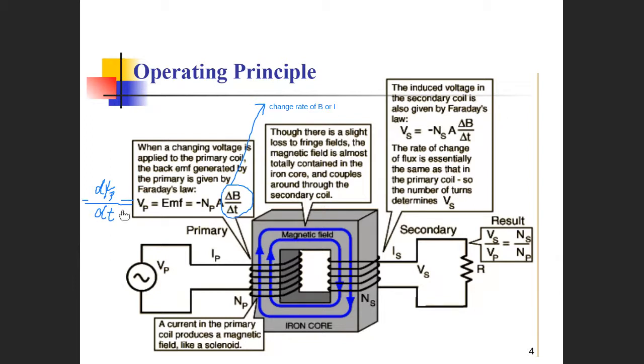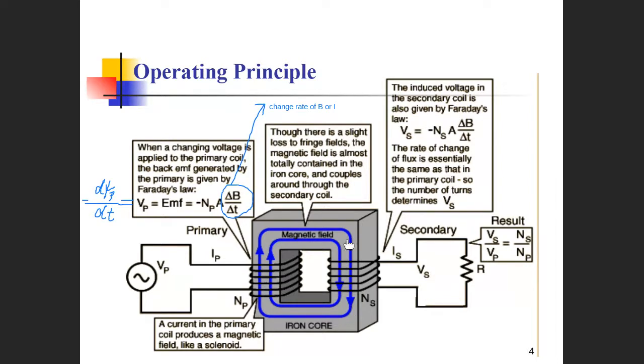Then we have the primary induced flux. This flux with the same change rate comes into the secondary side. On the secondary side, we have no source, but due to Faraday's law, they receive the flux from the primary.